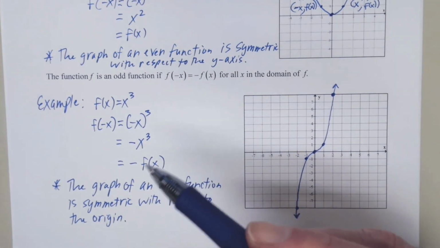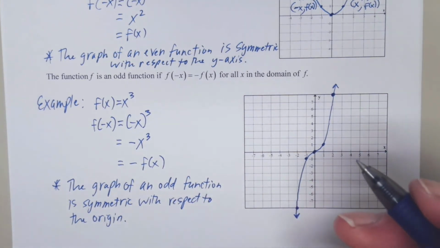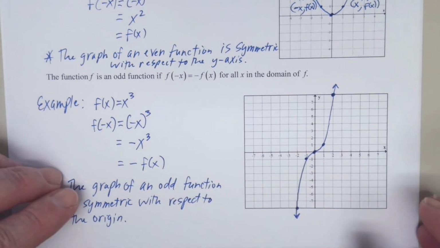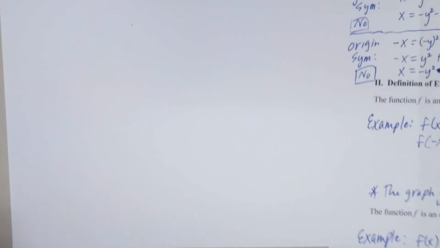So these are the two tests that we tend to do when we talk about symmetry. If we have an odd or even function, that tells us about the symmetry. And these are both functions, so that's why these are the ones we care about. All right, so let's go to the last page of the notes here.